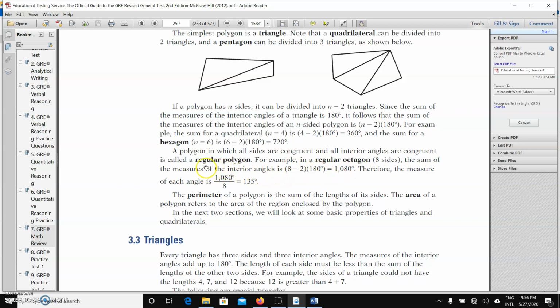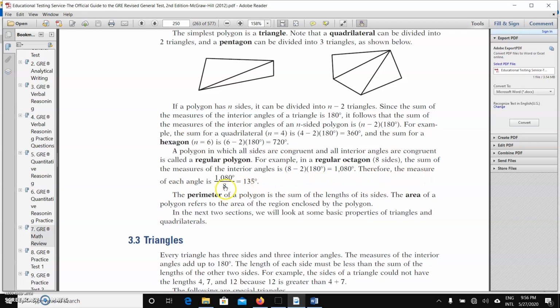Now, there is another type of polygon called a regular polygon. A regular polygon is a polygon that has all its angles equal, the same. That means they are congruent. Let's say we have a regular octagon. An octagon is 8-sided. So the sum of the measures of the interior angles will be (8 minus 2) times 180, which gives us 1080. That's the total sum of the interior angles of an octagon.